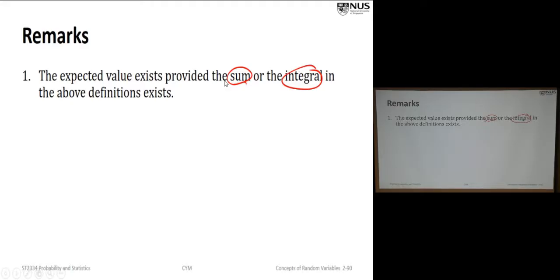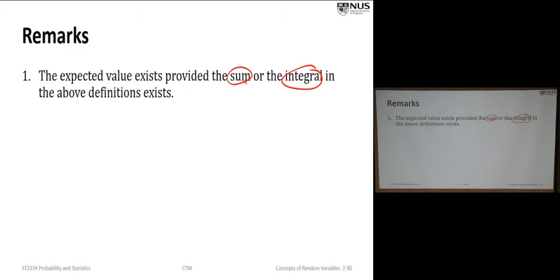Mathematicians like to make sure that everything is fine. So I give you a formula, but at least the formula should work. Your PDF or probability function times x, and then you do the sum or the integration, it exists.